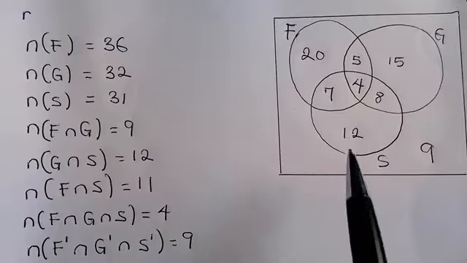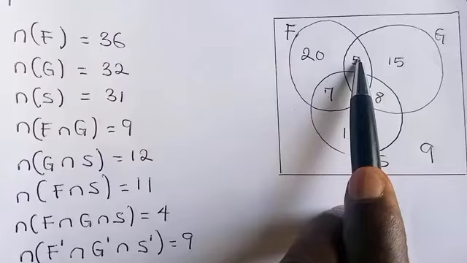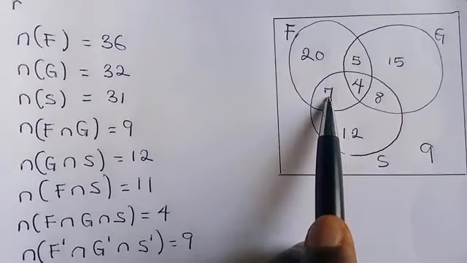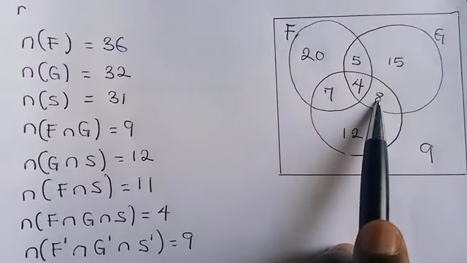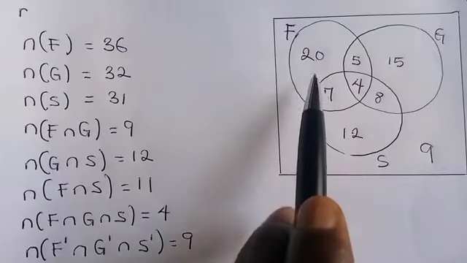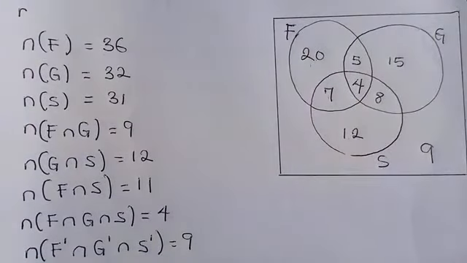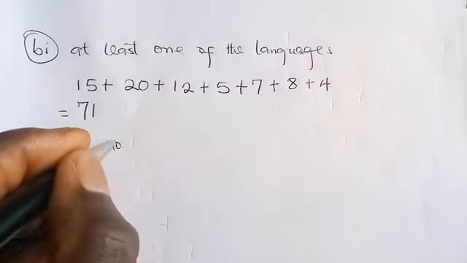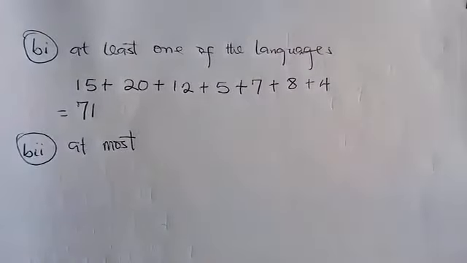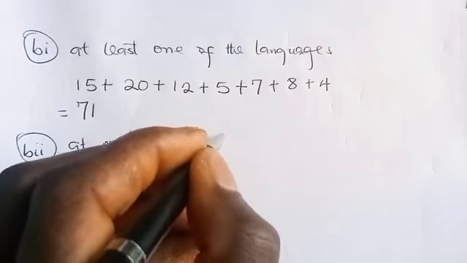In this case, we have 5 here for French and German, 7 here for French and Spanish, 8 here for German and Spanish, and then we add the single ones. That is French only, German only, and Spanish only.